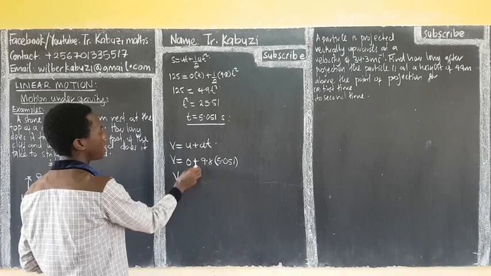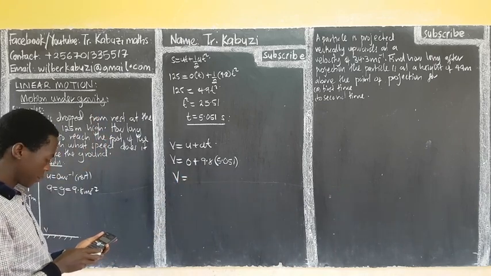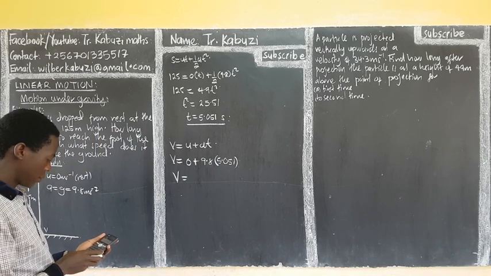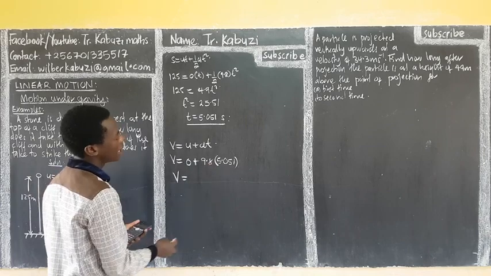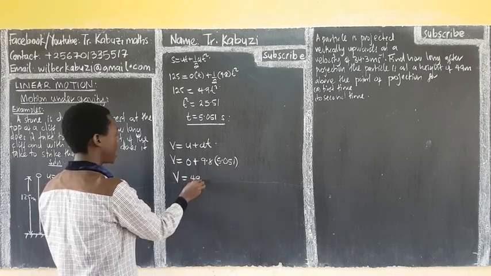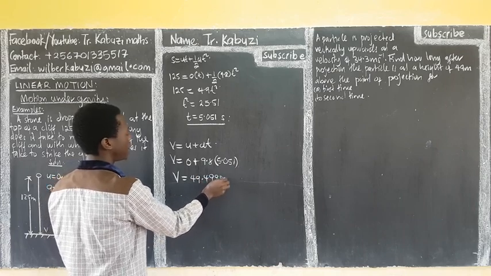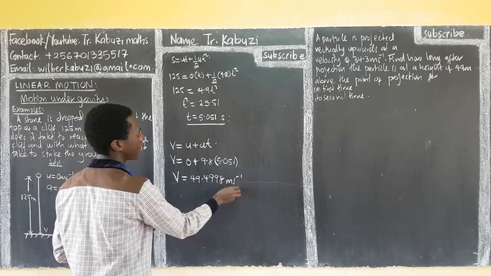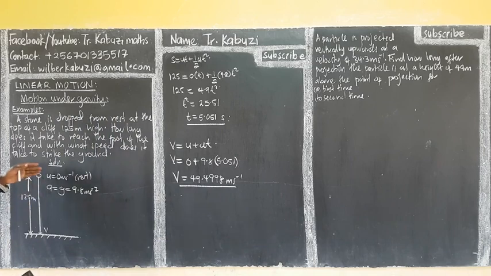And so the velocity we get is 49.4998 meters per second. So this is the velocity at which it's going to hit the ground. This is the speed at which it's going to be raised and then it hits the ground.